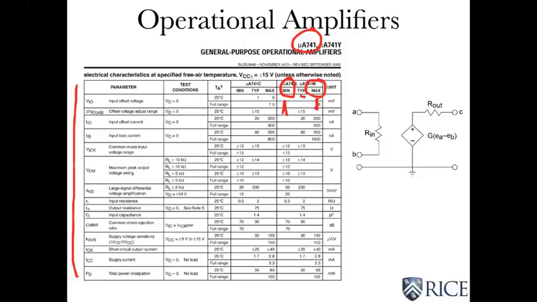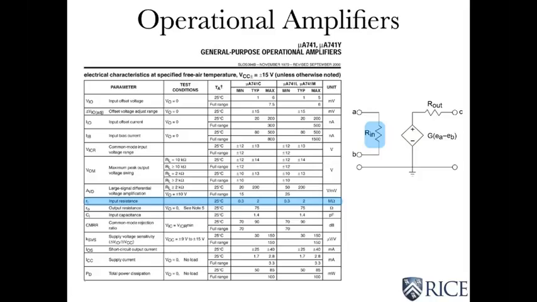Let's go through and see how the various parameters of our model are for a 741. I'm going to point out here Ri, what the spec sheet calls Ri, turns out to correspond to Rn in our model.